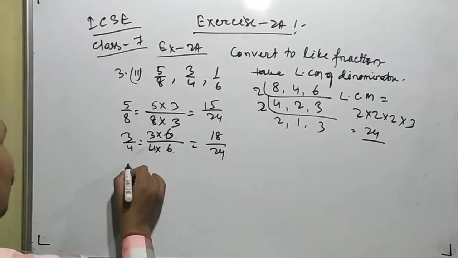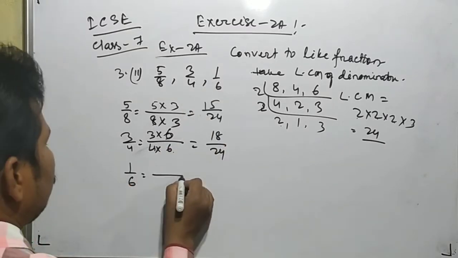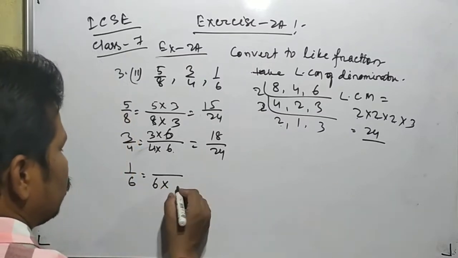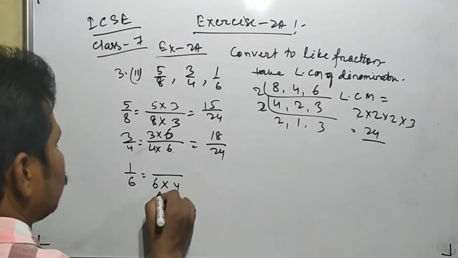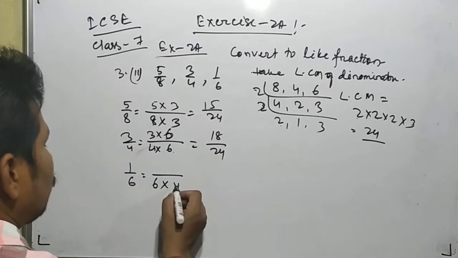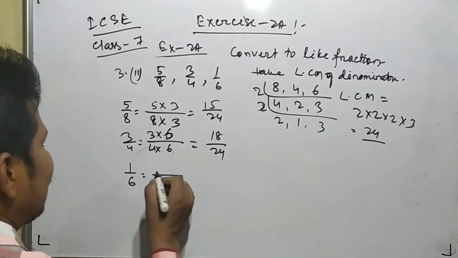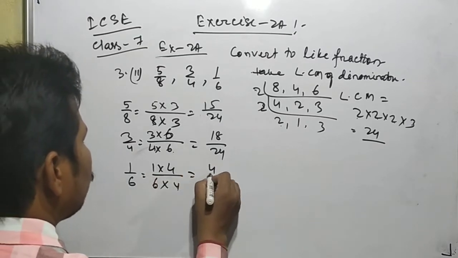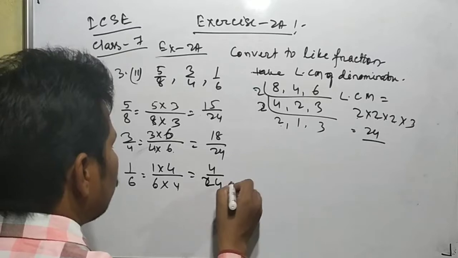Similarly 1 by 6: what do we multiply with 6 so that the answer will be 24? The answer is 4. So 6 into 4 equals 24. If you multiply 4 with the denominator, then definitely 4 with the numerator. 1 into 4 is 4 by 24.